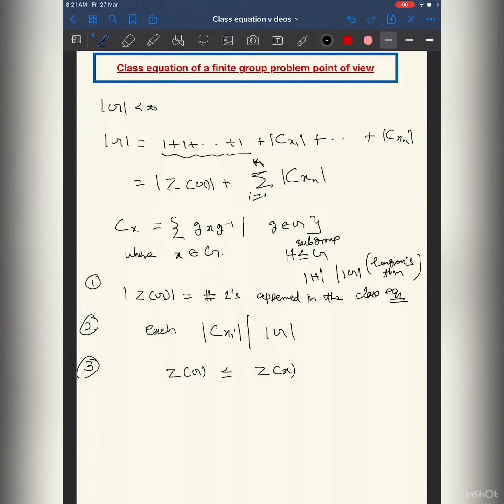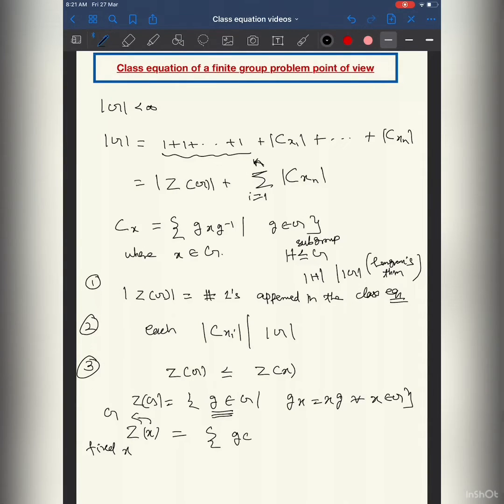The center of G is the set of all g belonging to G such that gx equals xg for every x in G. That means I'm collecting only those elements of the group which commute with every element. Whereas Z(x), where x comes from G, I'm fixing x, and this is the set of all g belonging to G such that gx equals xg.